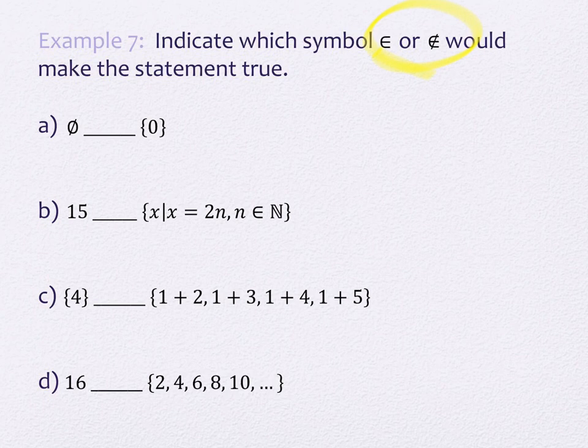Now, when we're looking at this first symbol, element of, there's 2 things we have to check. First, we need to check and make sure it's really an element, an individual item that's in the set. So if you look at letter C, letter C will automatically fail to be an element of what comes next because the notation on letter C has curly braces around it.